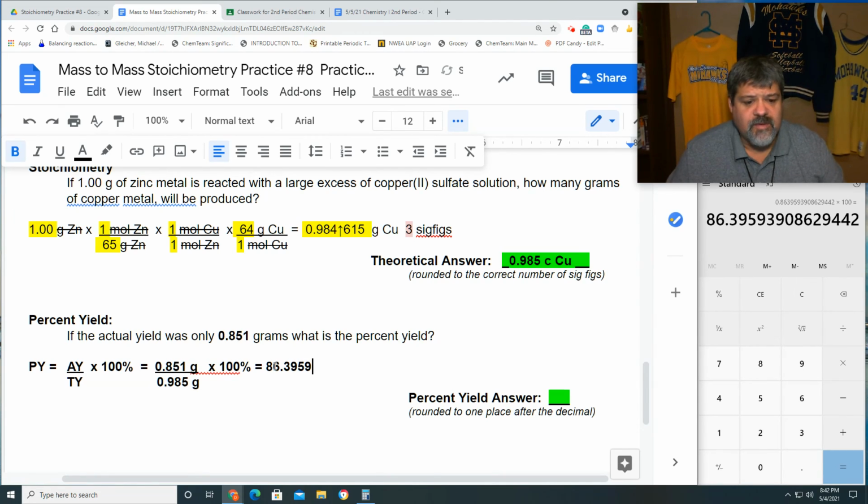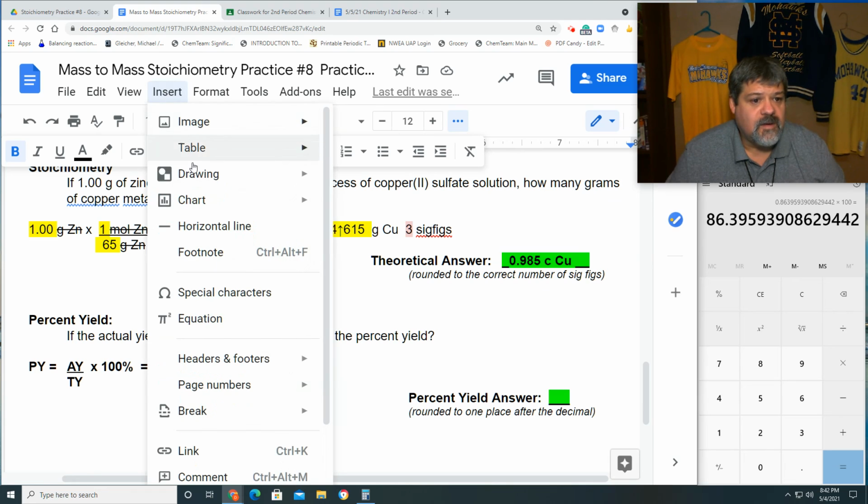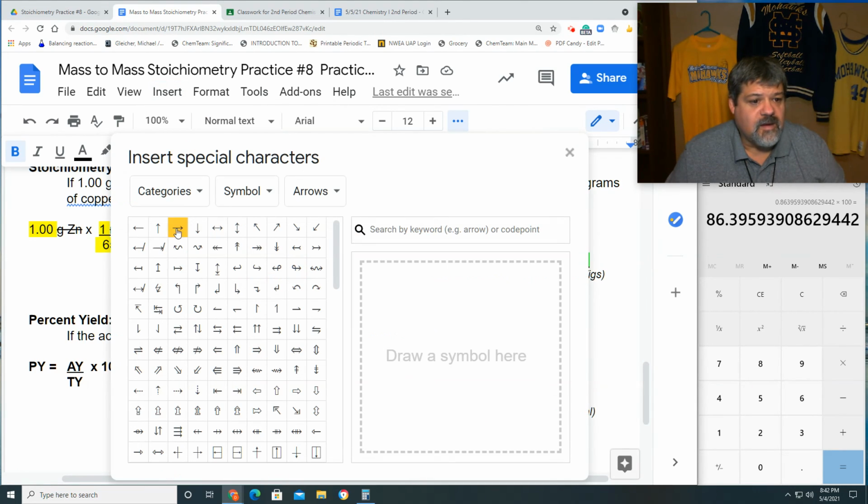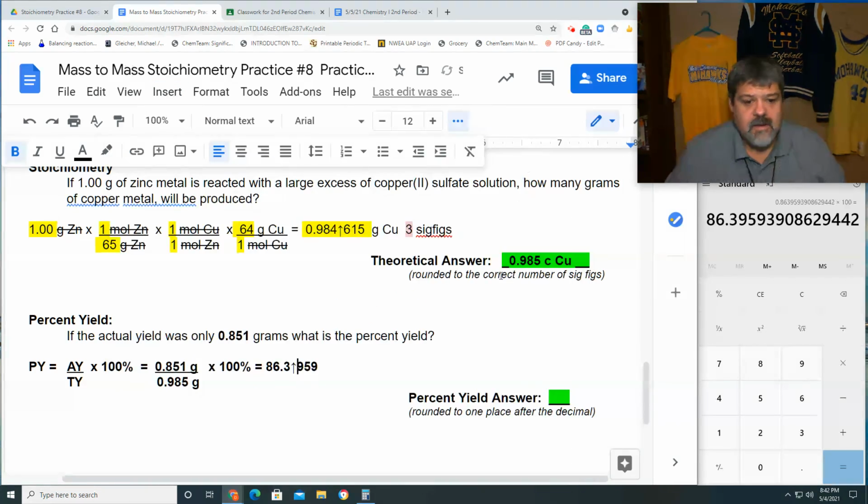We can keep going, but we only need to go to one place after the decimal. Remember, round to one place after the decimal. So we are going to insert a character, so that is going to be up. Go back, and now we're going to round that up. So my 3 becomes a 4. So our final answer is going to be 86.4%.